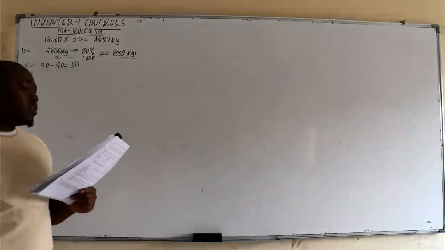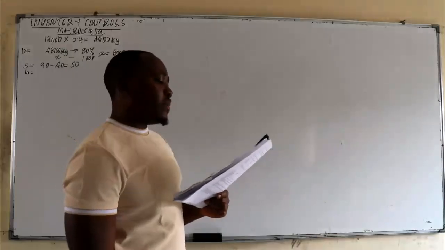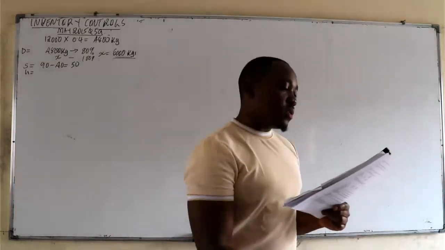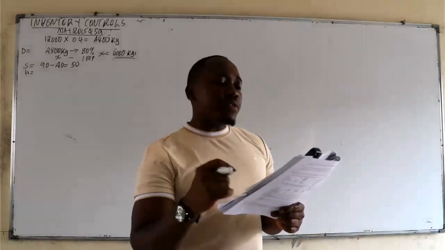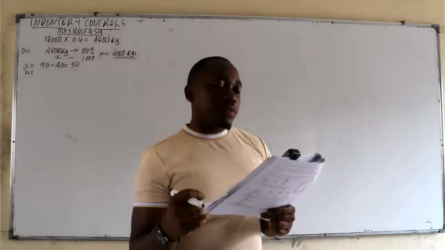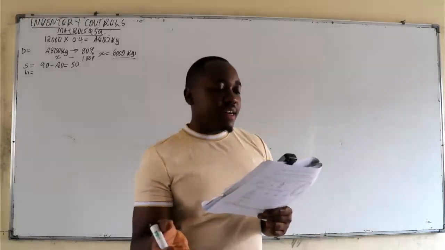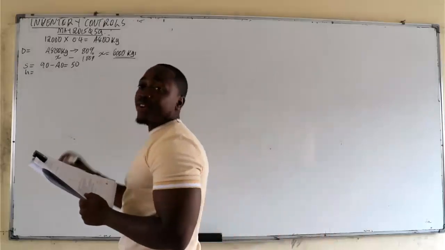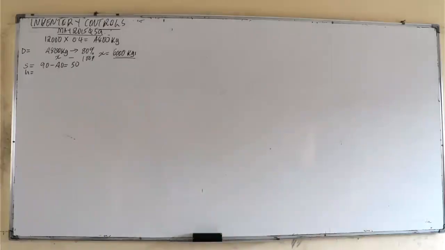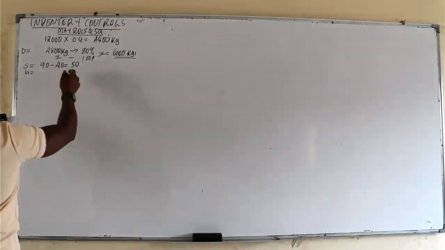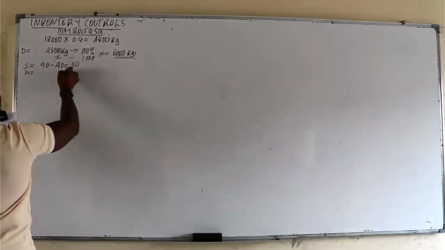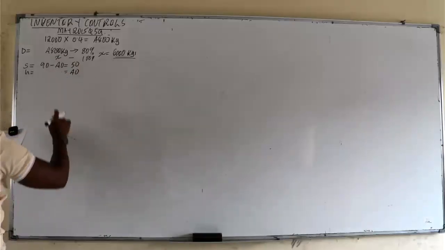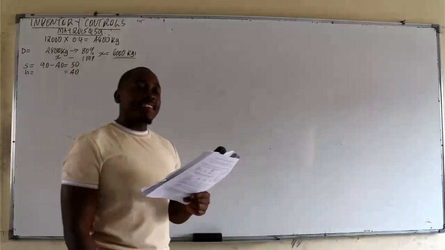The annual holding cost of stock is 90 shillings per unit of average stock, of which only 40 shillings is expected to be affected in the short term by the amount of stock held. So how much will be our holding cost then? Is it 40 or 50? 40. Let's read that again.